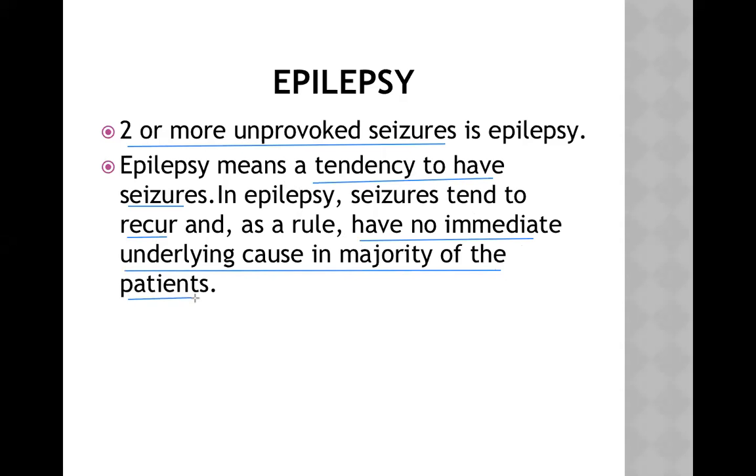But in some other patients, the causes are there and they lead to repeated episodes of seizure. But usually they have no immediate underlying cause. Let me give you one example quickly. If a person comes with 3 episodes of seizure and we have done CT scan, the CT scan came normal, means I don't find any identifiable cause inside the brain. This is a perfect case of epilepsy.